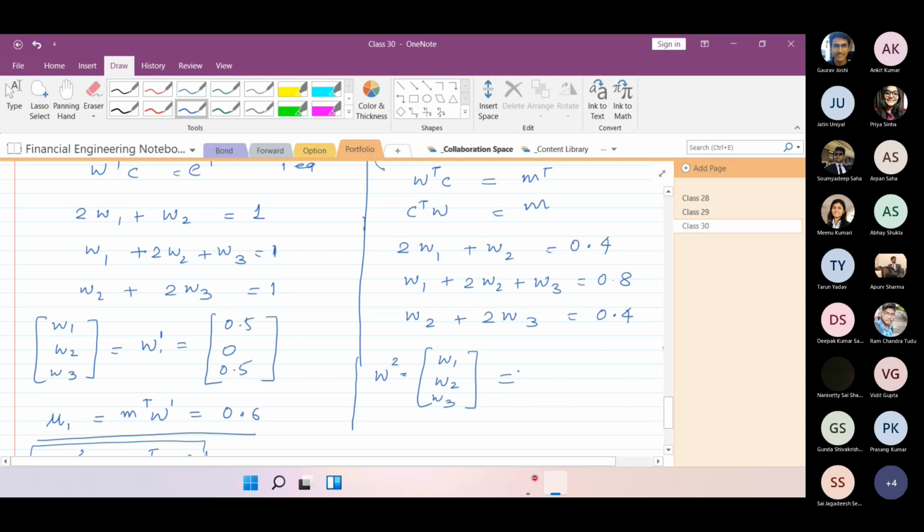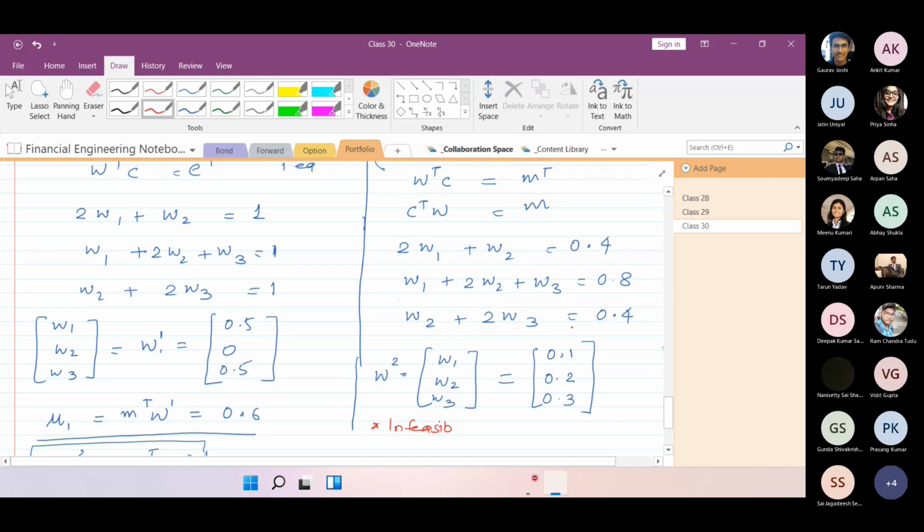What would have been the solution for this one? 0, 0.4 and 0. 0.1, 0.2 and 0.3. All of you agree? Yes, sir. Now this is an infeasible solution. Put that back: 0.2, 0.2, 0.4. It is satisfying.